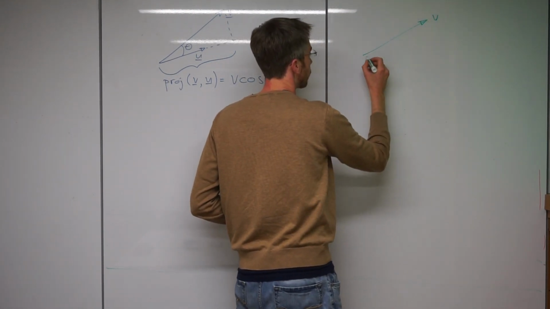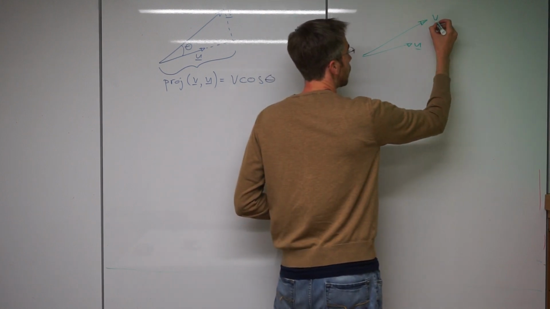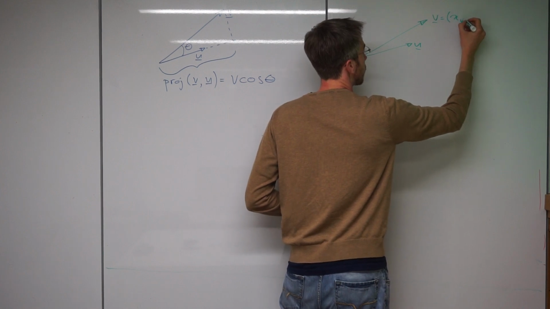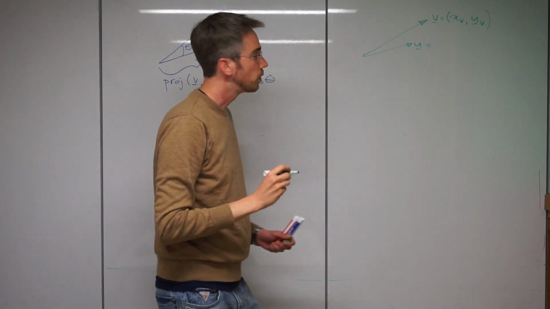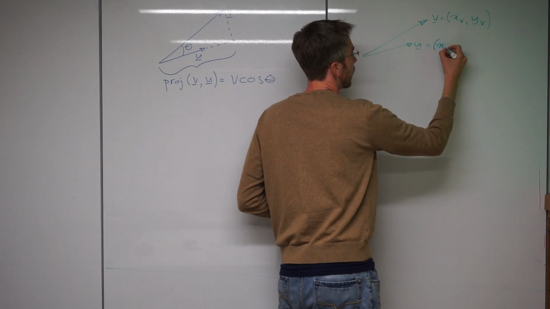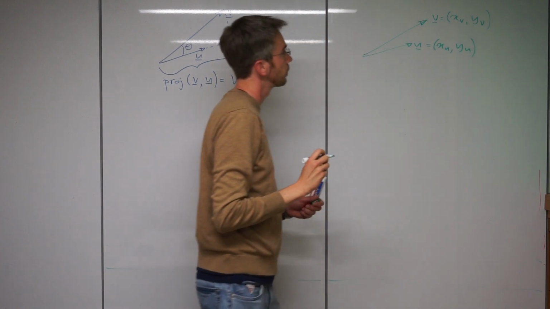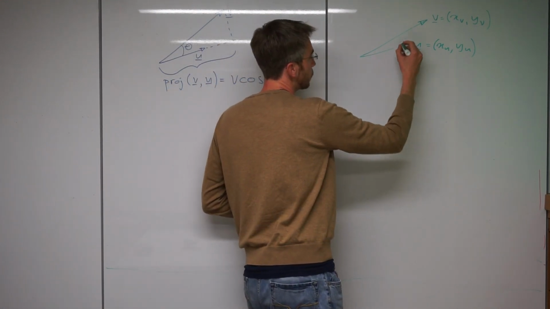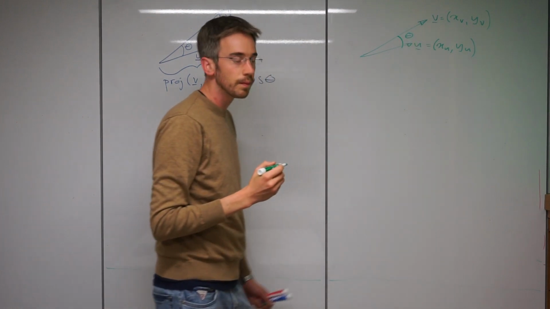There's v, there's u, and v has coordinates xv, yv. u has coordinates xu, yu. And we already know that the angle between these two vectors is given by theta.